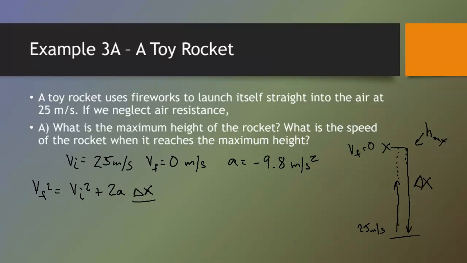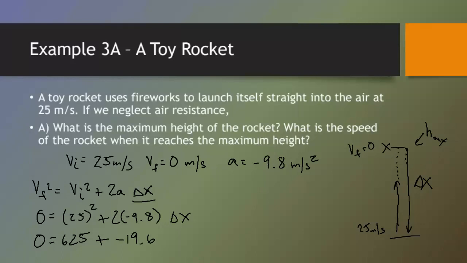Final velocity is 0. The initial velocity is 25 squared. 25 squared is 625. Plus 2 times negative 9.8 times delta x. And so that should give you negative 19.6 times delta x.